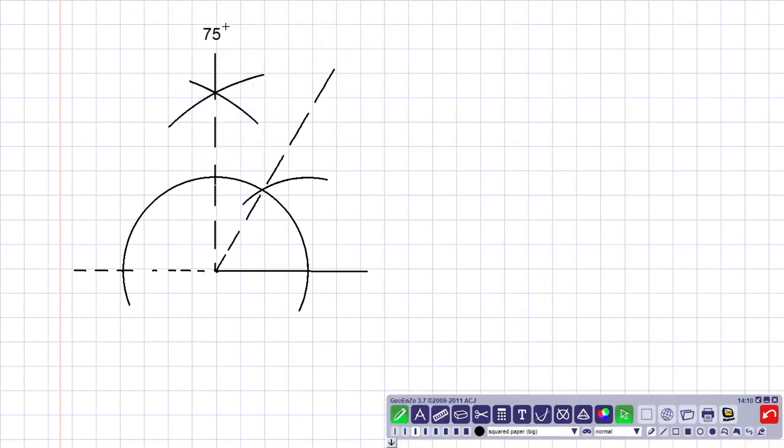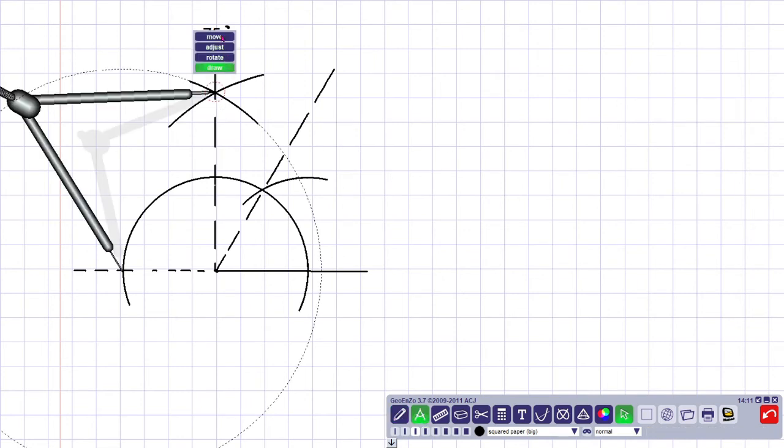Then how to get 75 degrees? We have to bisect this arc here to here. Then this part is 30 degrees. If we get half of that, that is 15. 60 plus 15 become 75. So I will bisect that part.